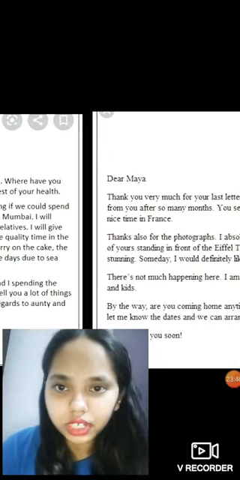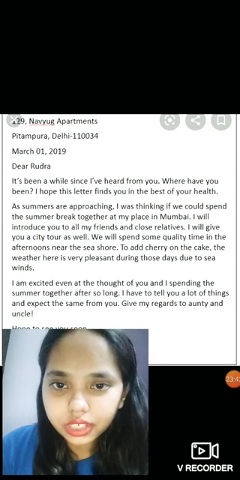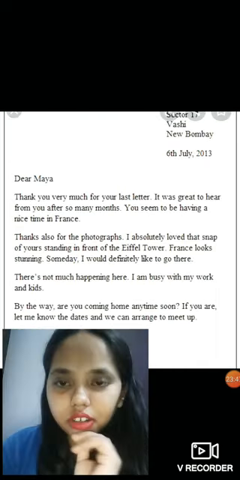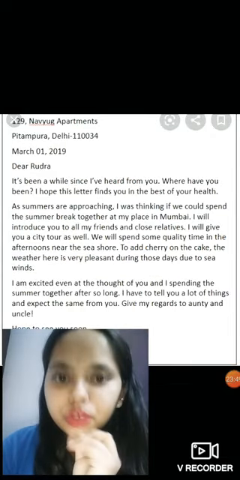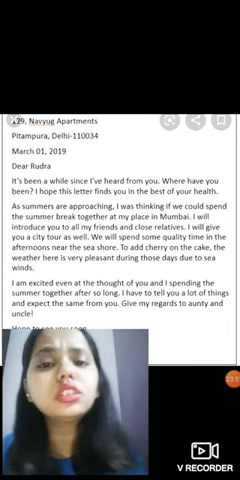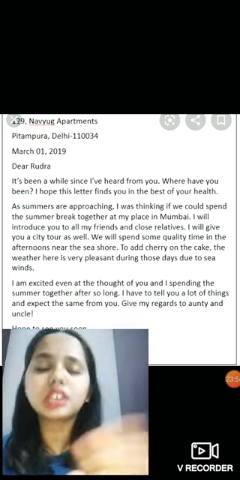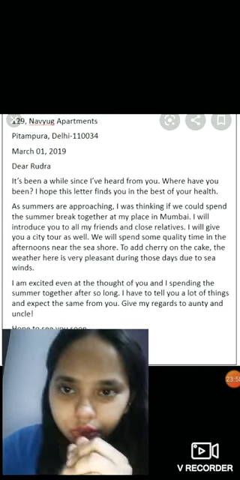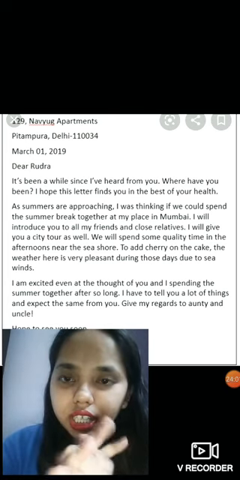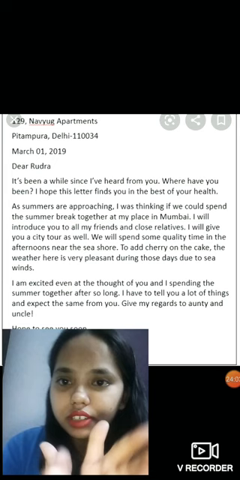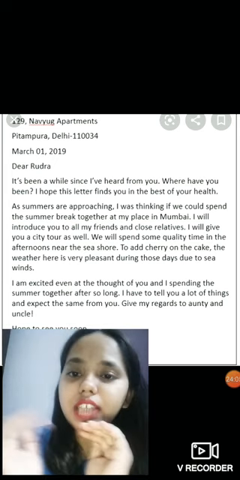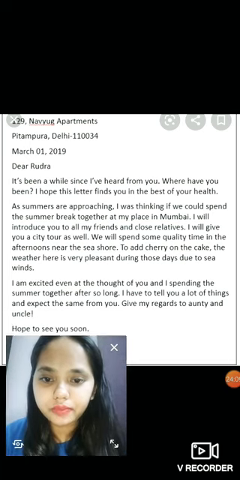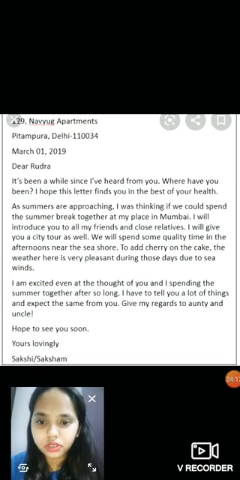This is the first letter, students, Navyug Apartments and all, and this is the second letter. I'm showing you these two letters because both formats are correct. If you observe in this particular letter, everything is written towards the left-hand side. The address is written towards the left-hand side, the salutation is written towards the left-hand side, and if you see, I'll make my window small.